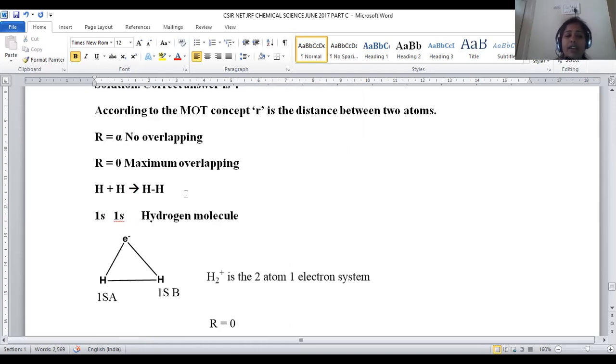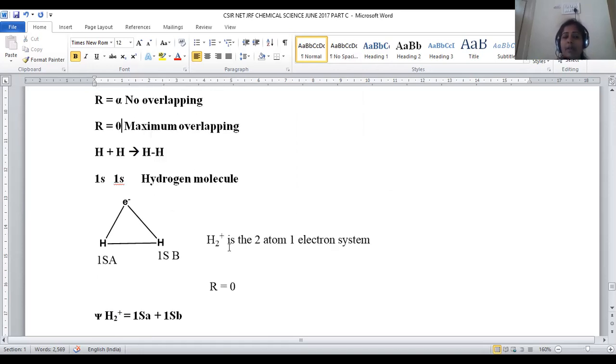Okay, when we are combining hydrogen atoms, what happens? When neutral hydrogen atoms combine, there is a formation of a hydrogen molecule. When atomic orbitals combine, the formation of a hydrogen molecule is possible. But we are considering H2 positive. H2 positive, in the sense, how many electrons are there? They are joined by only one electron, because each hydrogen is associated with one electron.